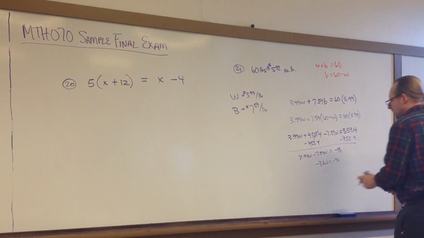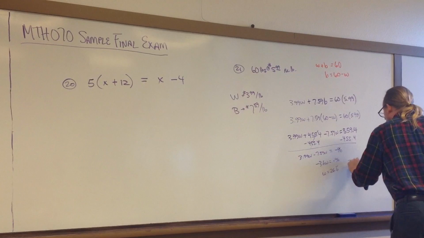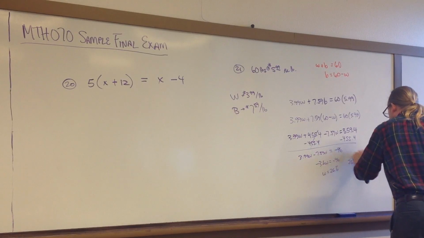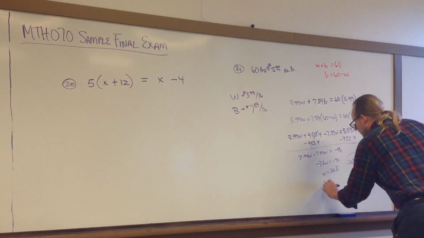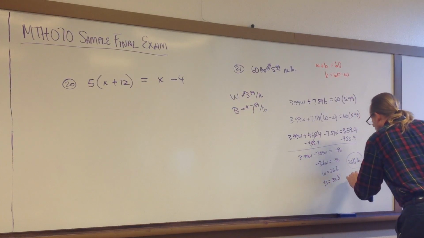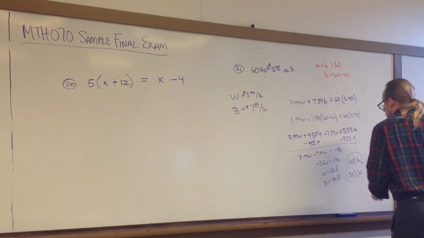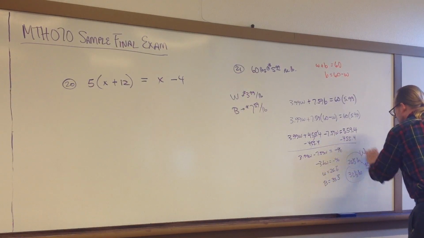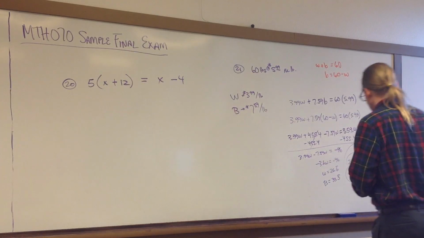Divided by negative 3.6, W turns out to be 26.6 repeating, or 26 2/3 pounds. Okay? And so if we do 60 minus that, then our Brazil nuts will be 33 1/3 pounds. Okay? So that's the walnuts, that's the Brazil nuts, and there we go. All right, so that's problem 21.